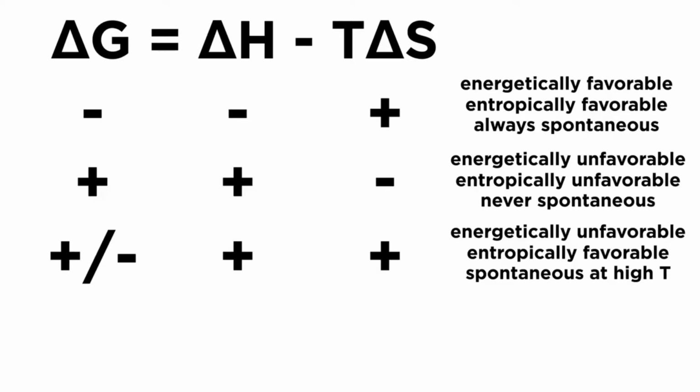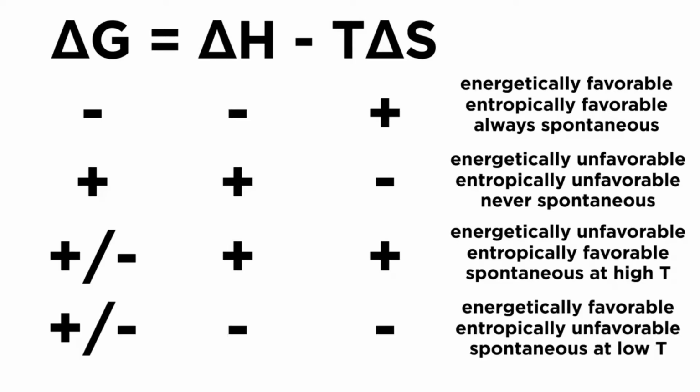Conversely, if it is energetically favorable but entropically unfavorable, the entropic unfavorability will be minimized at lower temperatures. This is a very important equation to understand, because it describes all of the spontaneous processes in the universe.